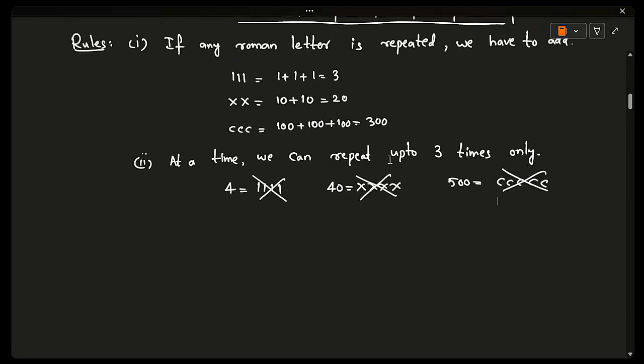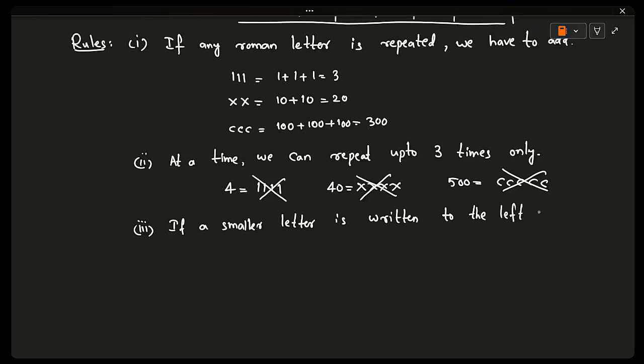Now, the third rule is: if a smaller letter is written to the left of a greater letter, we need to subtract. What is this?